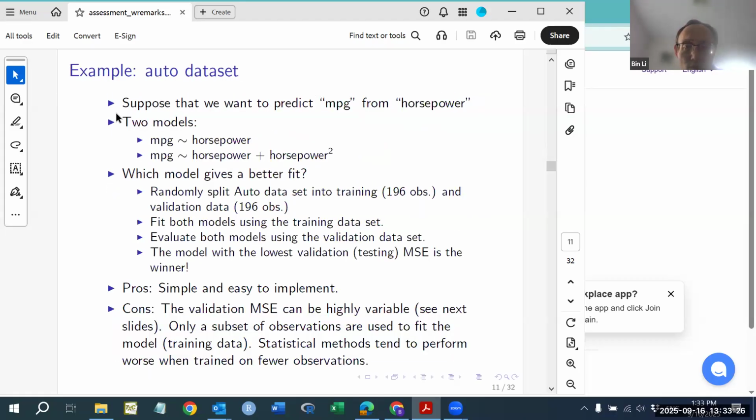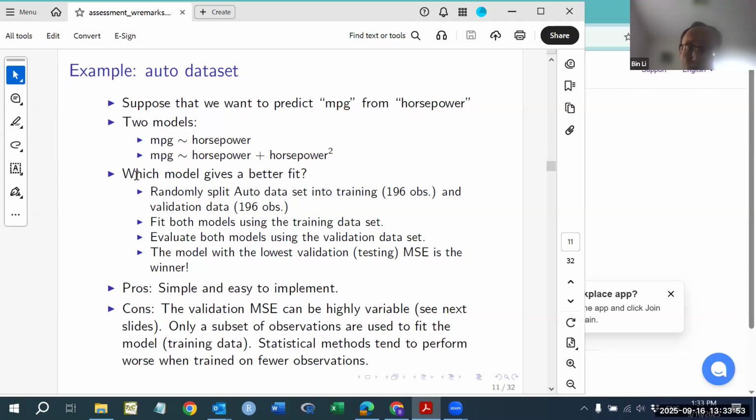Okay, so let's see an example. This example, we've already seen previously. We want to find the model that uses the horsepower to predict the miles per gallon, MPG. We have about 400 observations, half as training, half as validation.